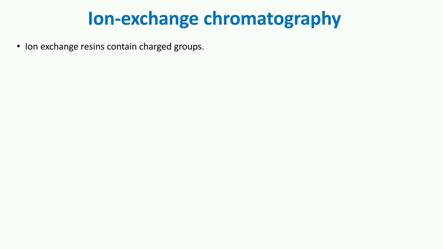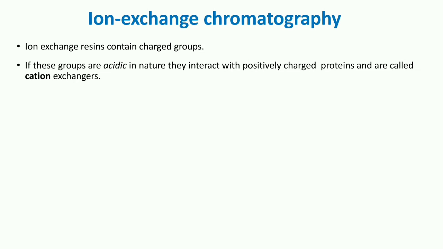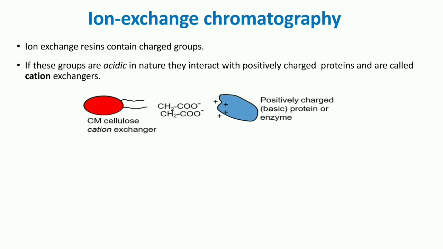So ion exchange resins contain charged groups. If these groups are acidic in nature, they interact with positively charged proteins and hence are called cation exchangers. As you can see here, the CMC, that is carboxymethyl cellulose, is a cation exchanger.